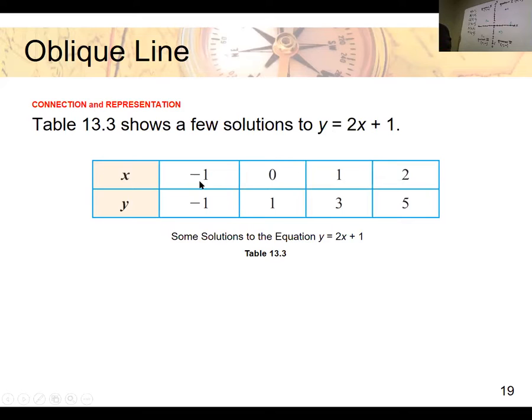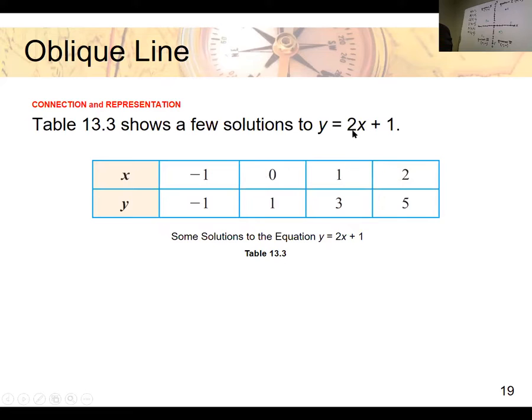So for x equals -1, we have to do 2 times -1. That'd be -2. And then -2 plus this 1 would give us -1. And then for x equals 0, 2 times 0 is 0, plus 1 would be 1.